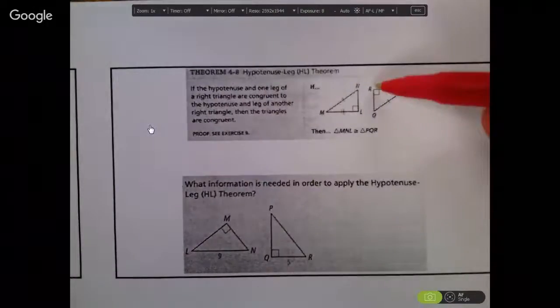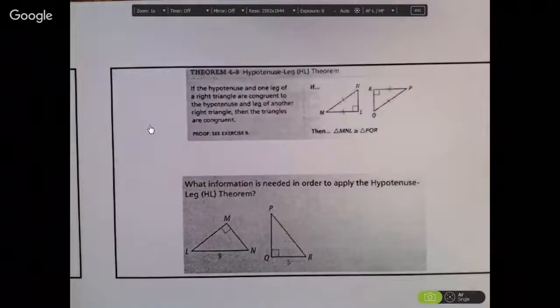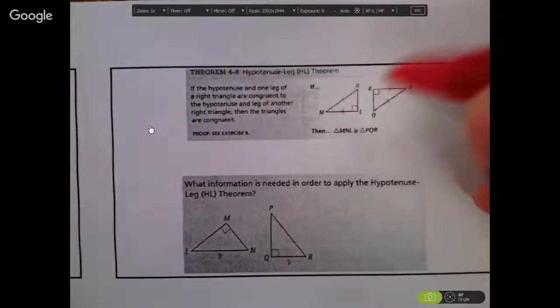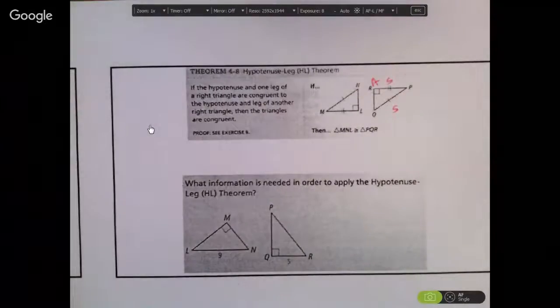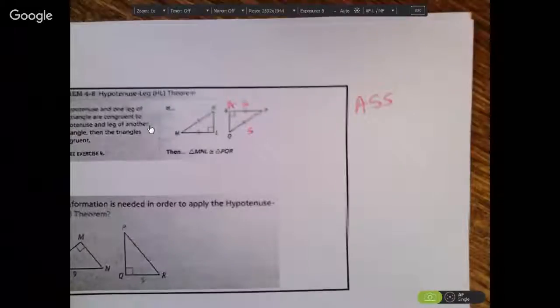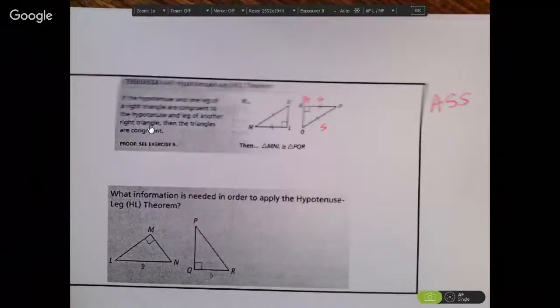If I were to call these angles and sides, what would it be? Angle side side. If you notice, the order would be angle and a side and a side. Okay? So angle side side does not work unless it's what?